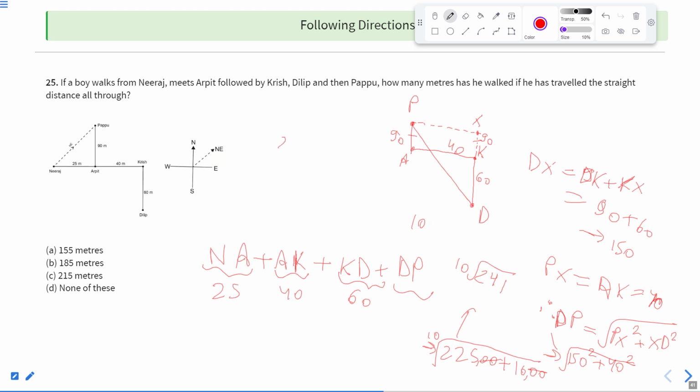Now let's find out 241. What is the approximate closest square? 15 square is 225, 16 square is 256. So the value is approximately 15, 15 point something, let's say 15.5.